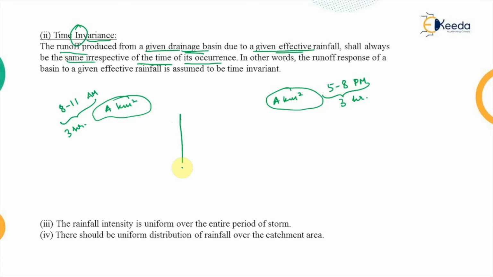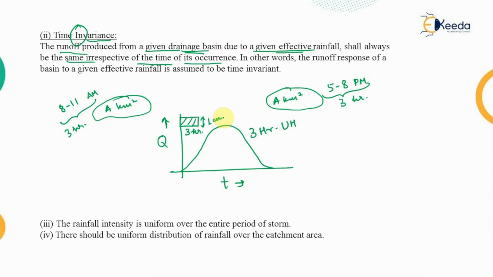So what will happen? The curve that we will be getting for the 3 hours, that is the 3-hour unit hydrograph, will be the same for both cases. There will not be a slight change, and this will be shown as the rainfall for 3 hours with rainfall excess of 1 centimeter. That is the second assumption.